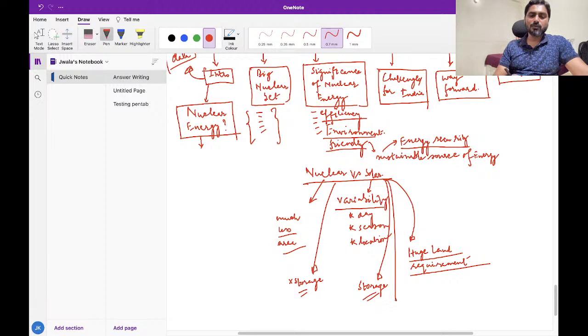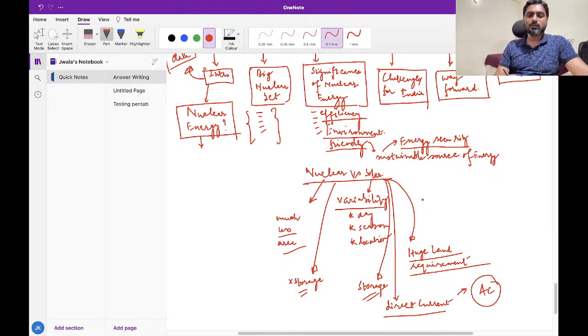Another problem of solar, a little technical problem, is that solar energy produces electricity in DC, direct current. But in your homes, all the lighting, all the appliances, all the equipment work in what, AC. So you will have to keep an instrument to convert DC into AC.